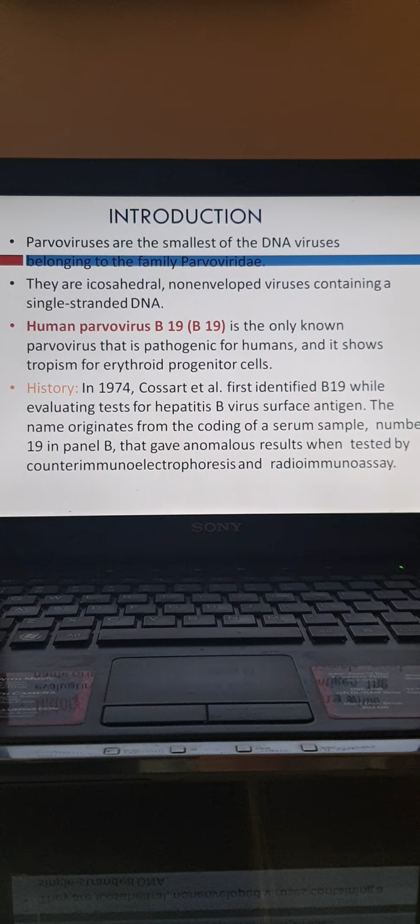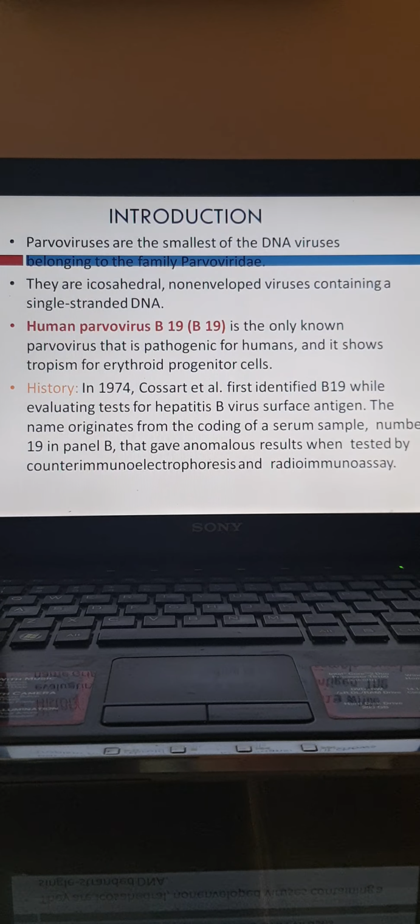The human interest of virus is human parvovirus B19, because this is the only known parvovirus which is pathogenic for humans, and it has tropism for erythroid progenitor cells.